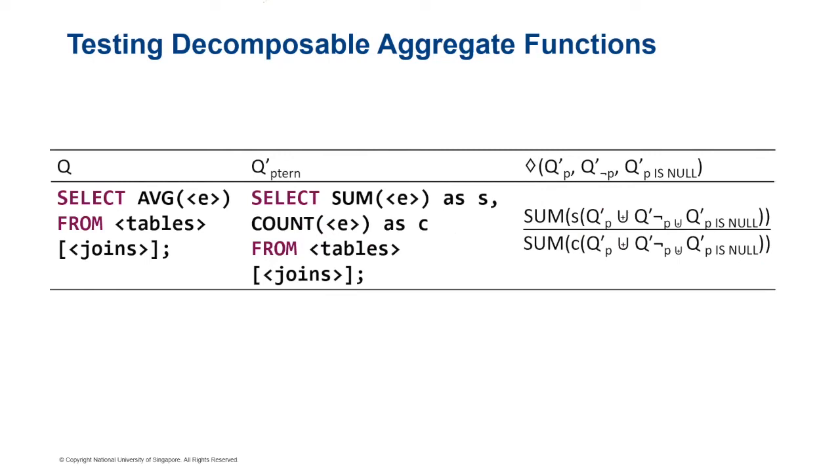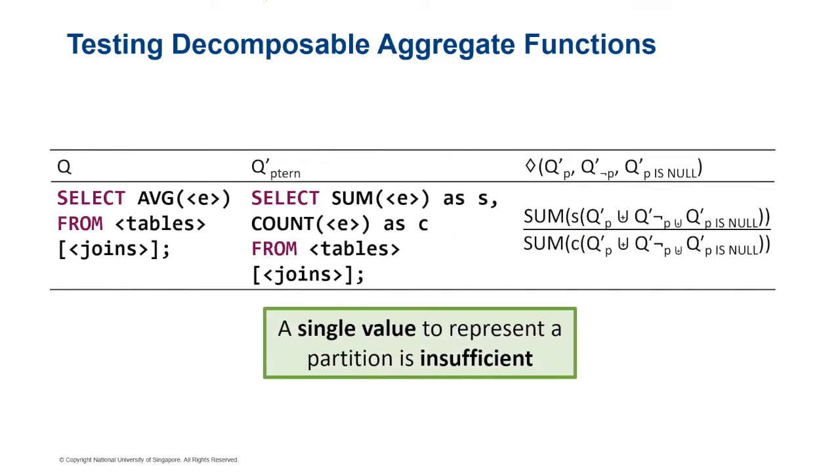Besides so-called self-decomposable aggregate functions, there is also another category of decomposable aggregate functions. So I directly explain it based on the example rather than trying to define the term. If we think about testing the average function, then it quickly becomes clear that a single value to represent the partition is insufficient. Because if we would, for example, just take the average and compute it over some rows, at the end, in a composition operator, we wouldn't know over how many rows we computed it.